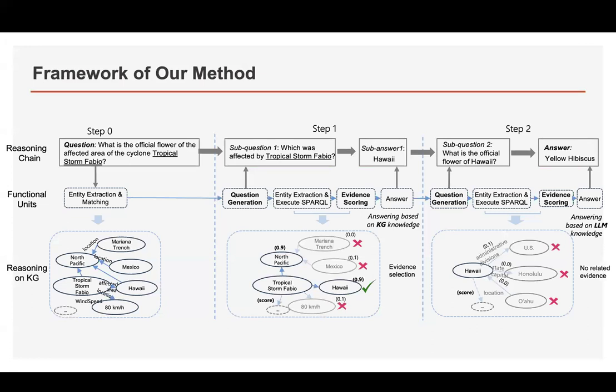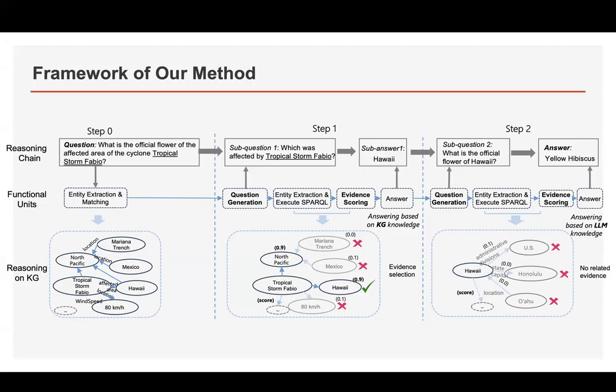We can see there are several steps here. The first row is the reasoning process of our method, and the second row is our decision module.